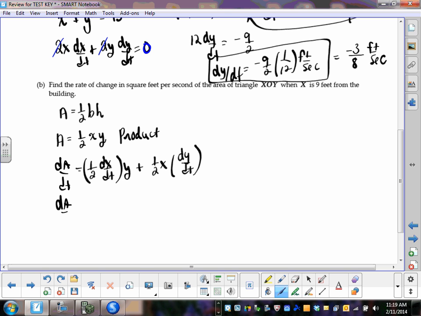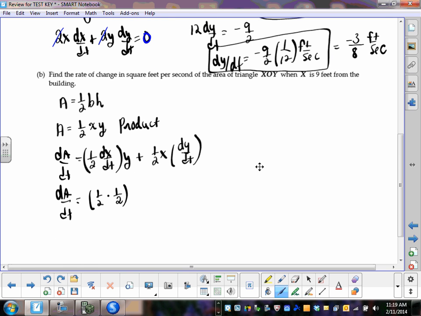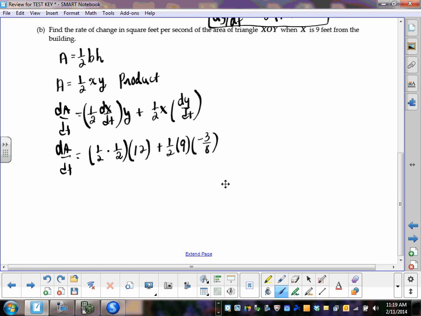So the change in area over time is 1/2 times the dx/dt, which is also a half, times the y value that we found above, which was 12, plus 1/2 the x value, and the dy/dt, which is -3/8. So technically, I can now stop and put square feet per second.